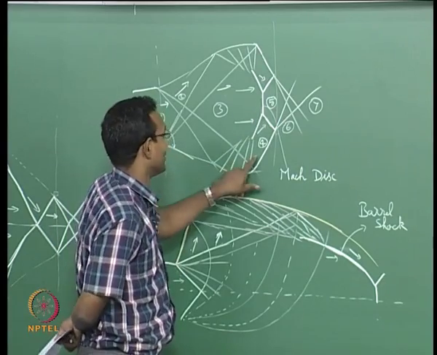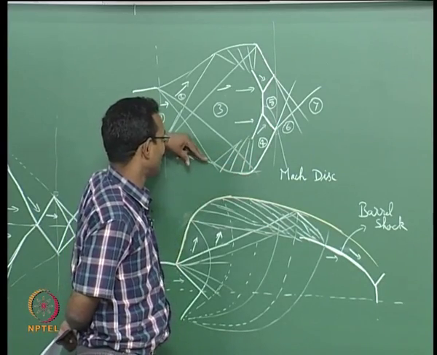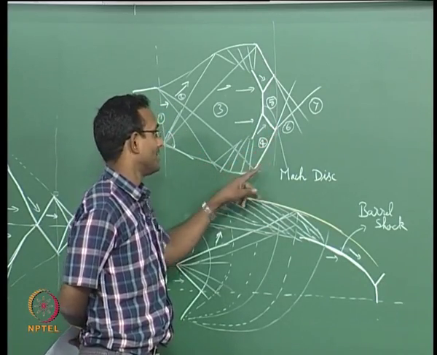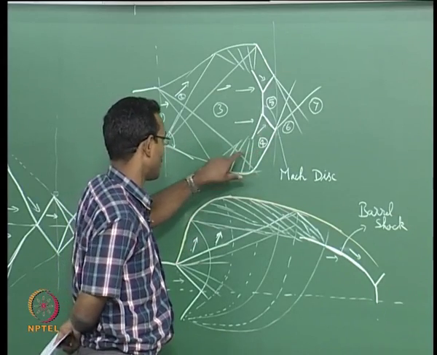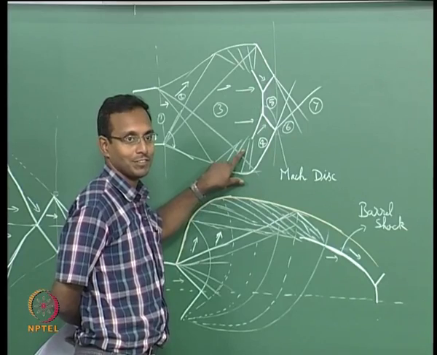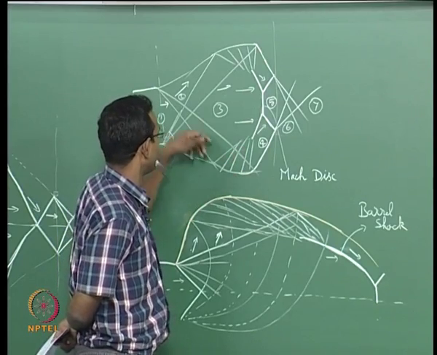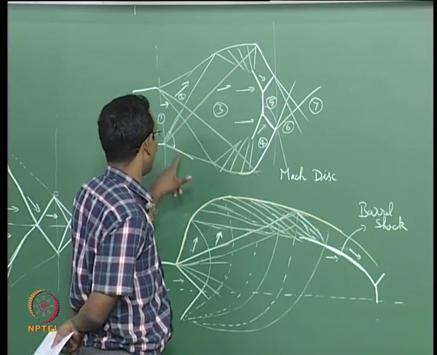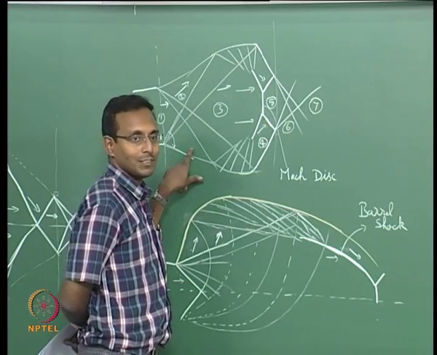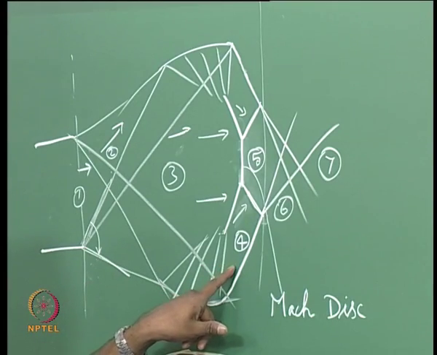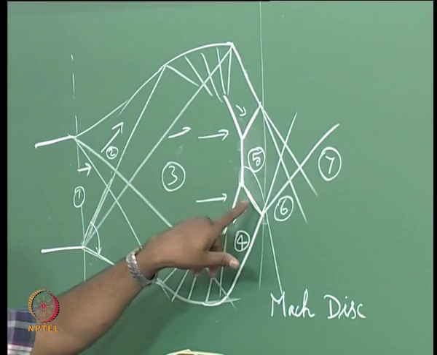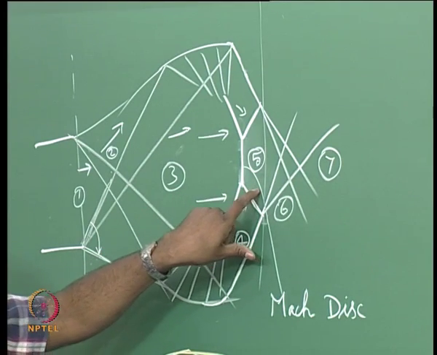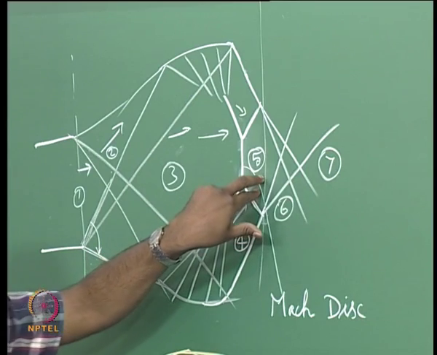If I look at this region, these compression waves are turning to this direction, and this region will be close to atmospheric pressure, because that is what is forced by these compression waves. These compressions are going to negate the effect of this expansion on this region. So at the end, after all the compression waves, I will get back to atmospheric pressure in this region, and then I will go for a shock after this, and that is going to be your higher than atmospheric pressure condition.